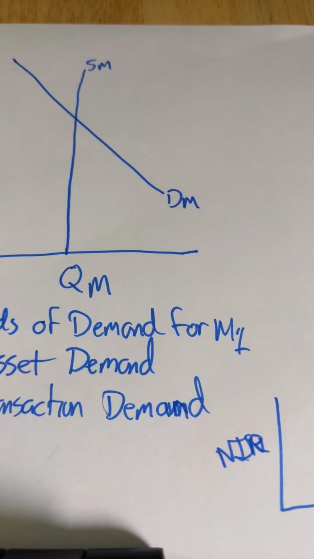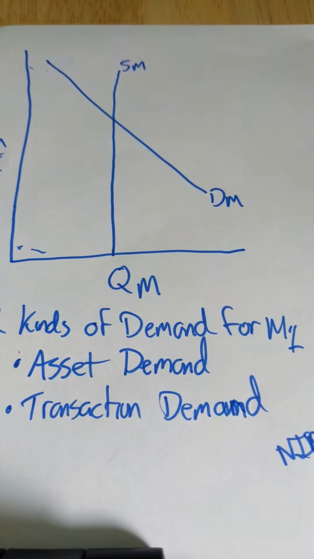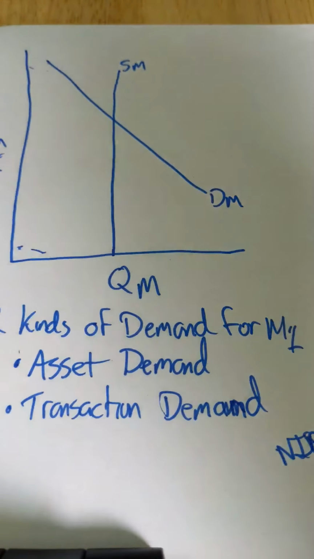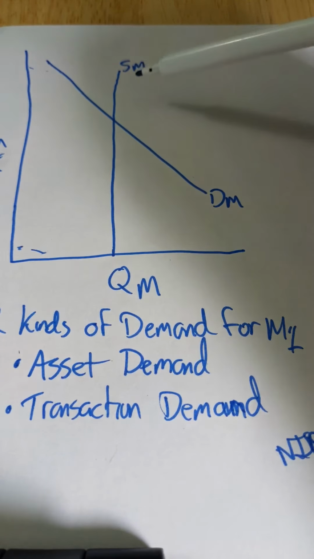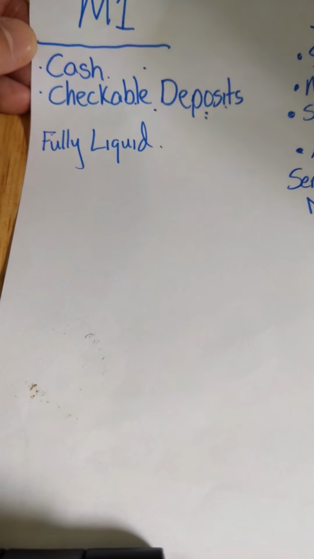However, it's still going to be part of the money supply. So I take my money that I have in my hand and put it in the bank in a checkable deposit. It's not changing the supply of money because, if you remember from the last video, they're both M1.